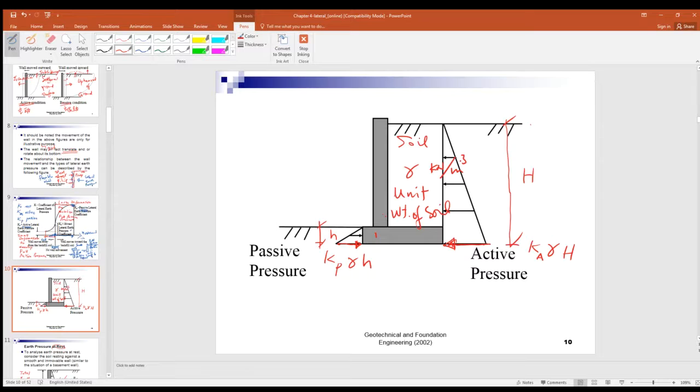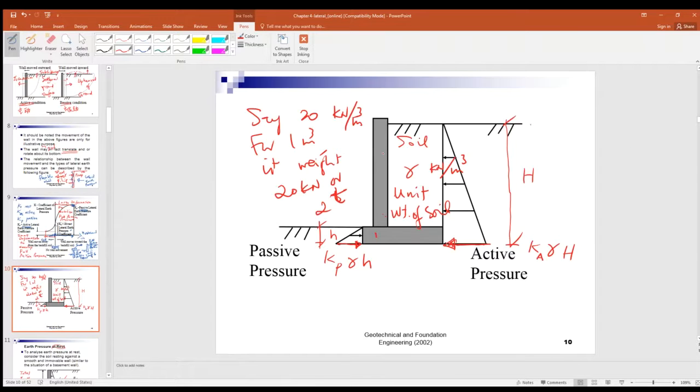In other words, for 1 cubic meter of soil, it weighs gamma kN, say 20 kN per cubic meter. So for each cubic meter of soil, it weighs what? 20 kN or 2 tons, right? 2 tons, 2 metric tons. Concrete weighs 2.4 tons. Okay, so concrete is heavier than soil.